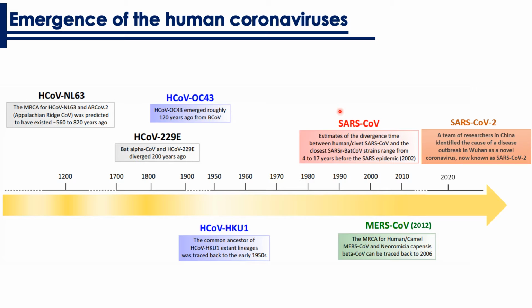And from here started our actual struggle with diseases caused by coronaviruses. In 2012, another outbreak resulting from coronavirus, that was MERS, or Middle East Respiratory Syndrome disease, was reported.